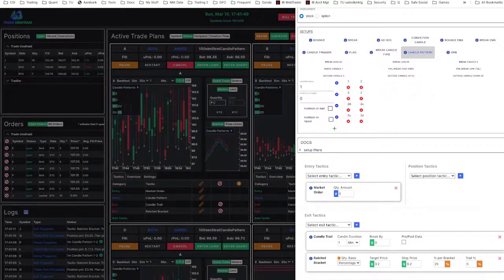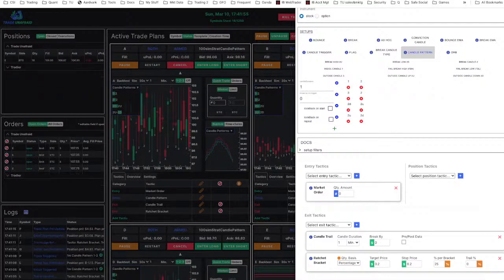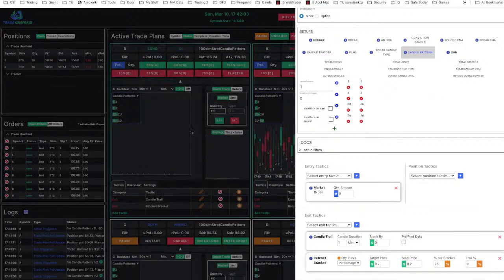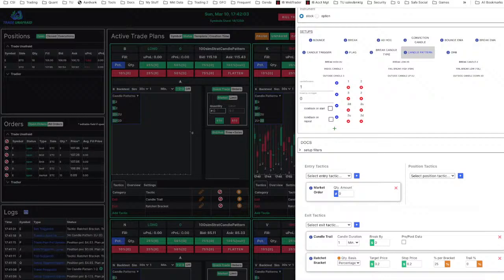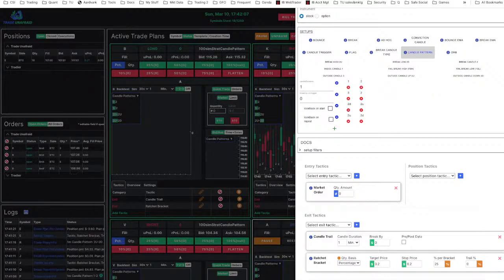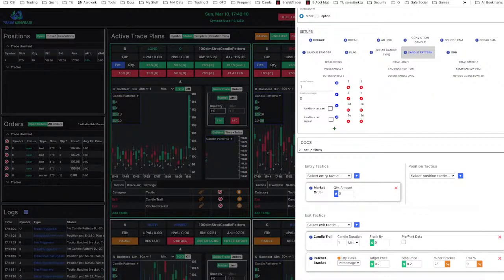Candle break is interesting because think about if you wanted to bounce off of an EMA. Say you're looking for a bounce off of the 9 EMA on the 15-minute chart. The thing is, you don't necessarily know that you want to enter just blindly when price touches that EMA.